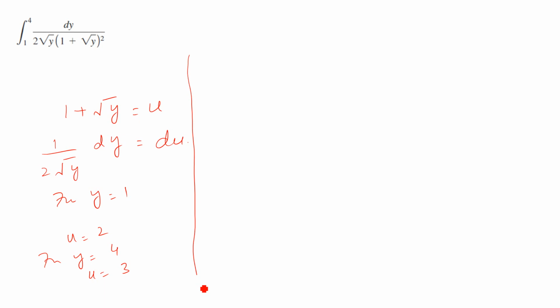So our integral is transformed into u, lower limit of u is 2, upper limit of u is 3, and inside we have this whole becomes du, like you can see here. So this is du, and what is this? This is u. So we have 1 over u square du. Okay. So this is the new integral.